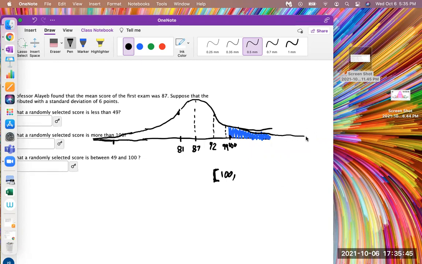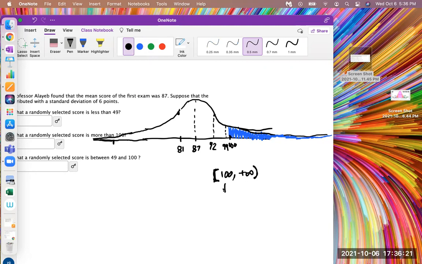So where does the shading stop? Did you say positive infinity? And always positive infinity. We never really can say that we actually hit or include positive infinity. So we always use a parenthesis when we're drawing that.